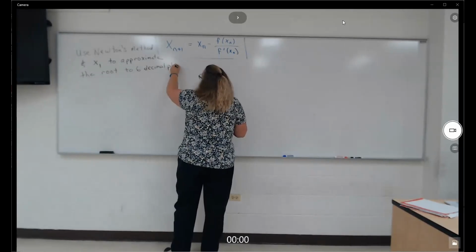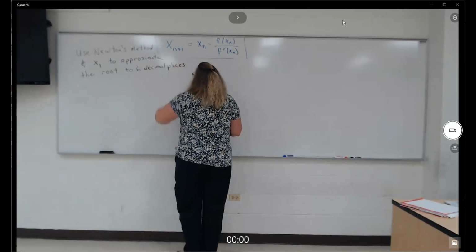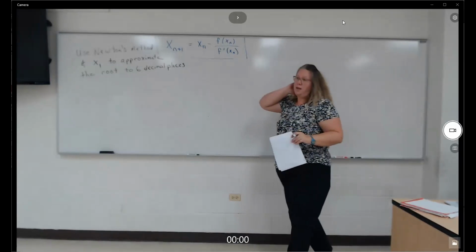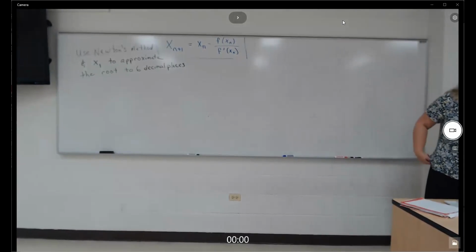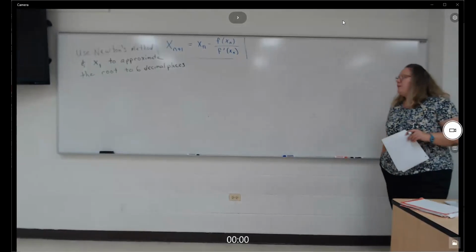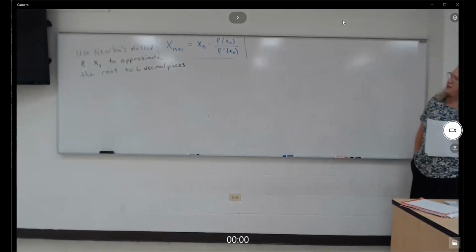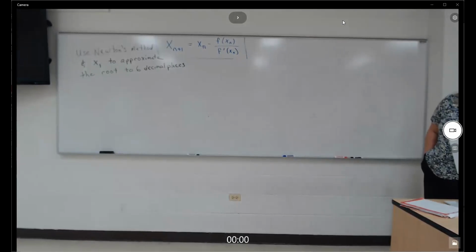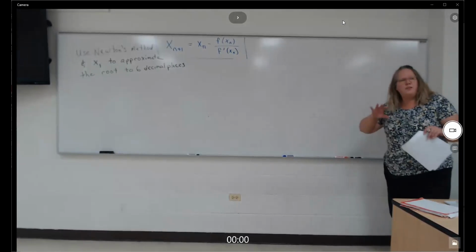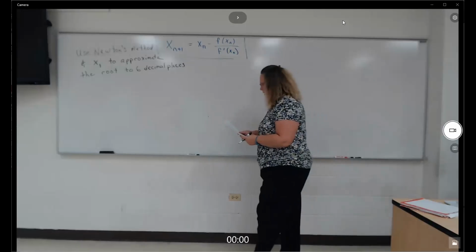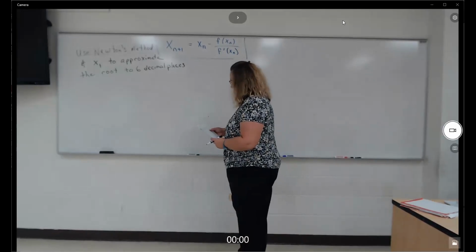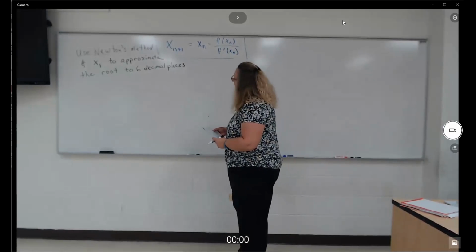So if they have you find x of 3, it's not too bad if you don't have a graphing calculator. If you don't have a graphing calculator, then this 6 decimal places is a lot harder. So on the test, I think I'll have one of each, so then you can pick. We'll talk about that more on Monday.